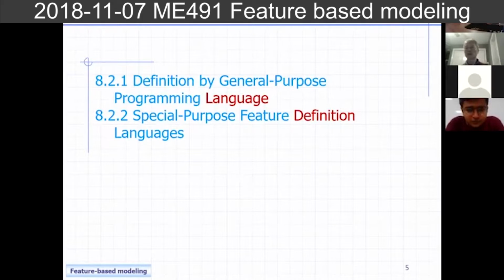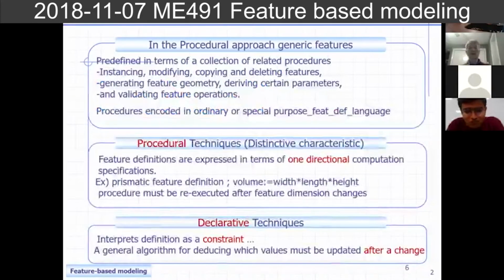But they customize that Python language only for their product. So in that case, we call this a special purpose customized language. So in the procedural approach, there are generic features and also distinctive characteristics, and also the declarative technique together.